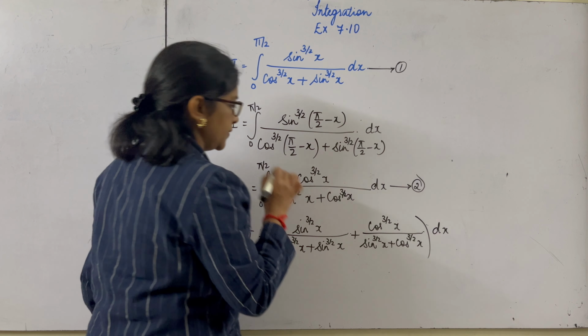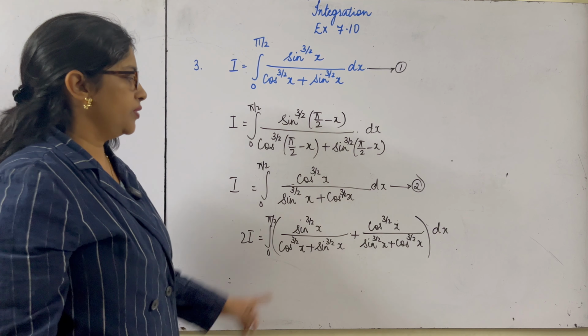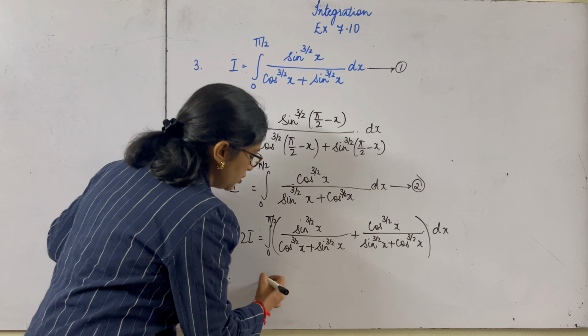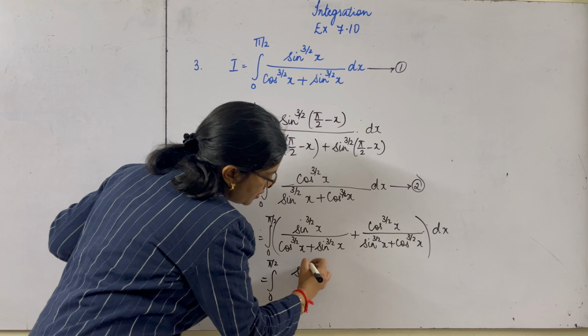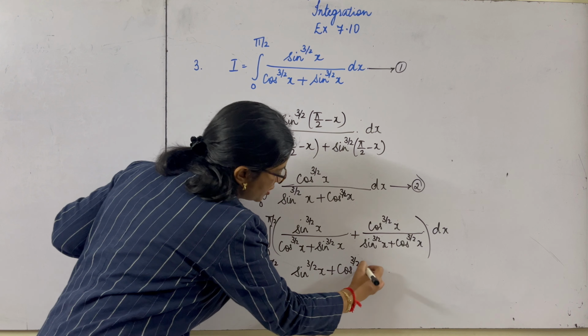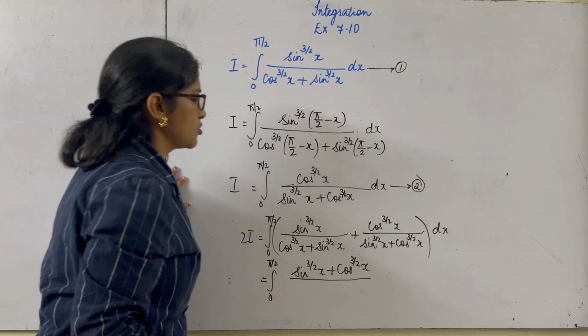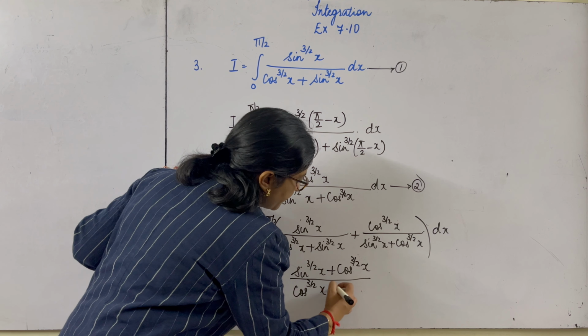The denominator is the same. When we add the numerators, both the numerator and denominator are going to turn out to be the same, because we have sine of 3 by 2x plus cos of 3 by 2x, and the denominator is also the same.